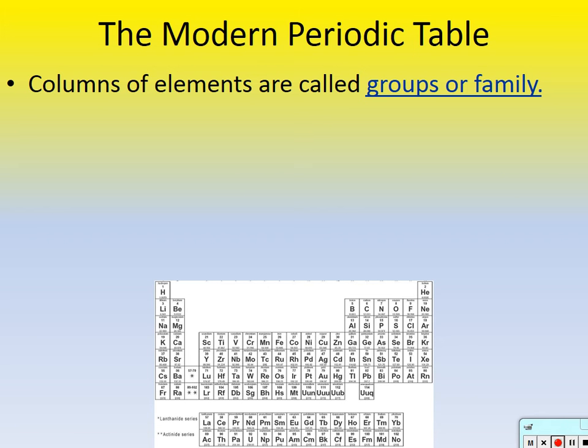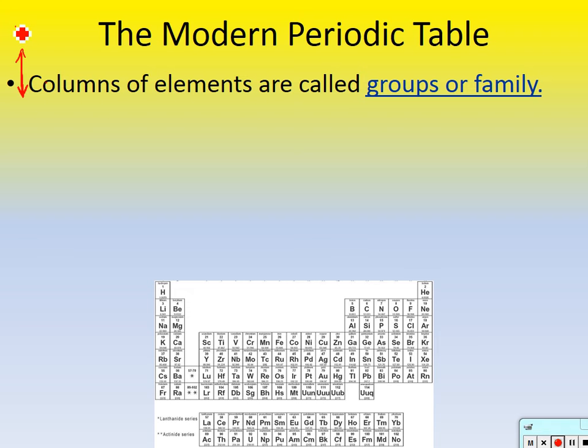Okay, let's talk about how the periodic table is organized. There's columns of elements that are called groups or families. I want you to make this note in your guided notes. Columns, guys, go up and down. On the periodic table, those columns are called groups.